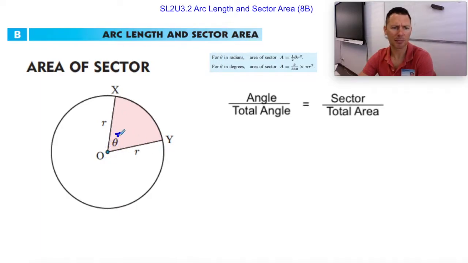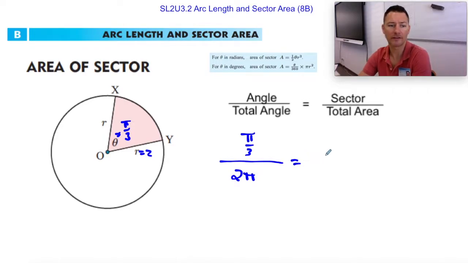We were using pi thirds as an example, and r we were using as 2. The little angle here would be pi thirds. The ratio between that and the full angle, all the way around, should be the same relationship as the area that we're looking for over the total area, which is pi r squared. R here is 2, so pi times 2 squared.